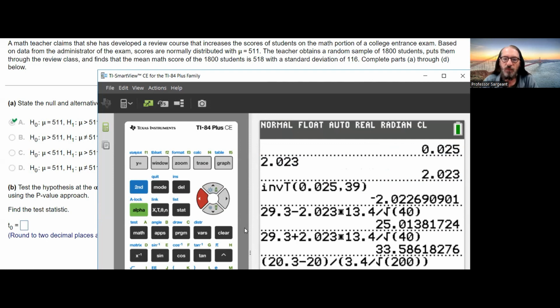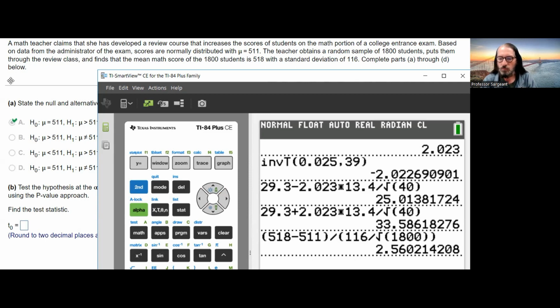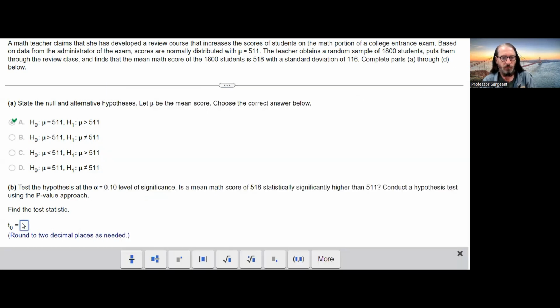So we would have 518 minus 511 divided by parentheses around S over square root of N. So 116 divided by square root of 1,800. To 2 decimal places, that's going to round down to 2.56.